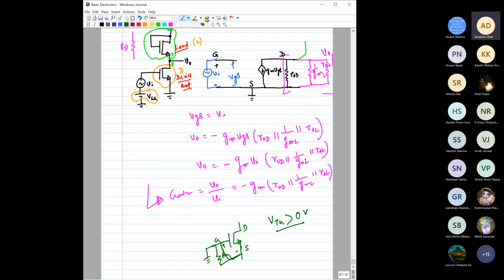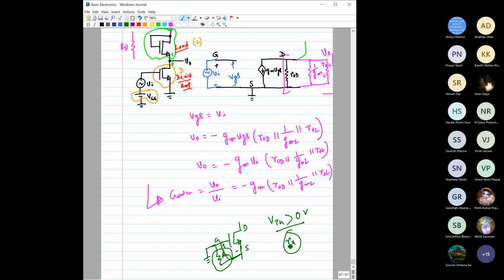Okay, sir. But why won't this resistance be similar to that of the R pi in a BJT? Which resistance are you trying to correlate with R pi? The resistance we just introduced between G and S. Right, this is the DC biasing resistance, and the R pi was the small signal equivalent circuit for BJT.